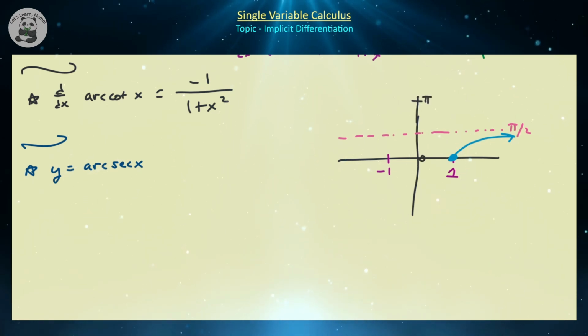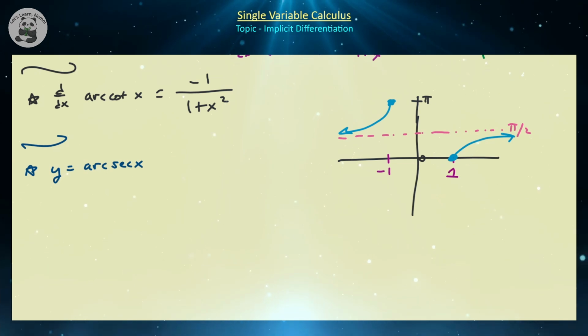That's pi, that's 0. And what we're going to have is a closed dot there at negative 1, pi. And this is going to come down. So that's the arcsecant function. Obviously the domain is negative infinity to negative 1 and 1 to positive infinity. And the derivative typically is not going to be defined at those endpoints because it's approaching a vertical asymptote.